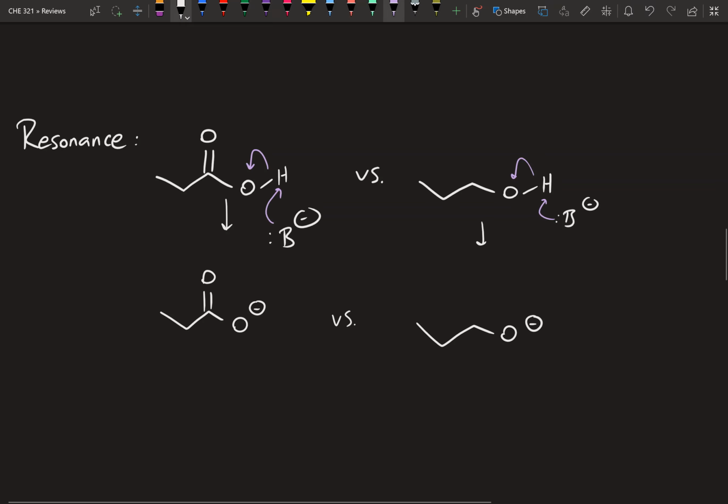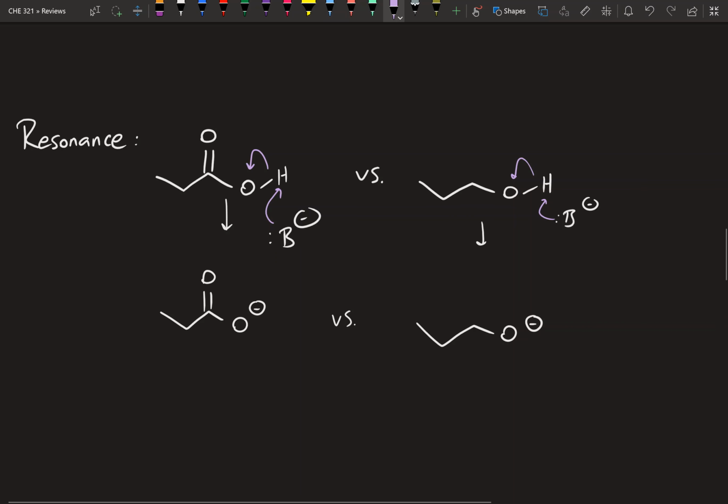The first thing we always look at with ARIO is the atom that was just deprotonated. In this case, they're both oxygens. Since they're the same atom, we cannot differentiate between them. The electronegativities are the same, so we have to move on to the next factor, resonance.